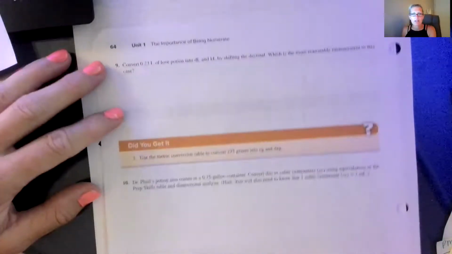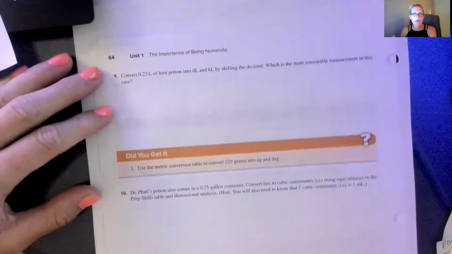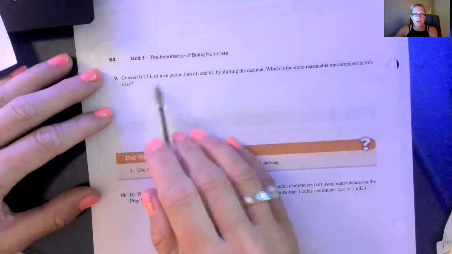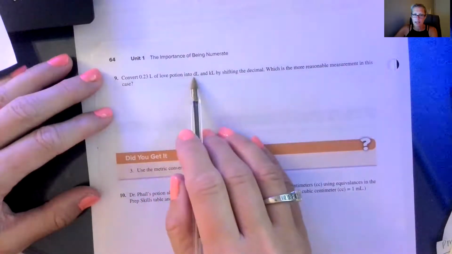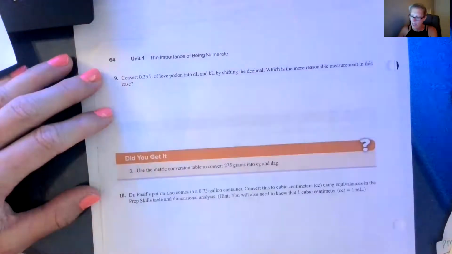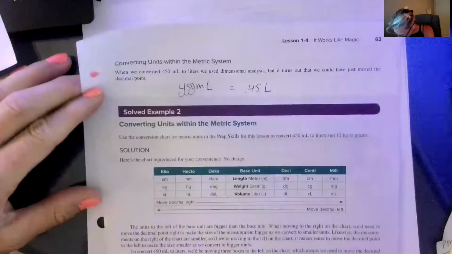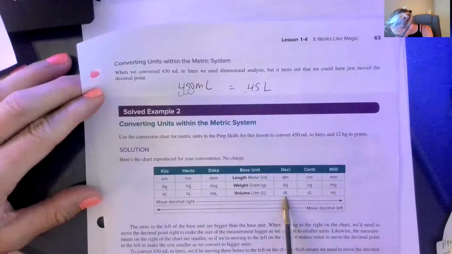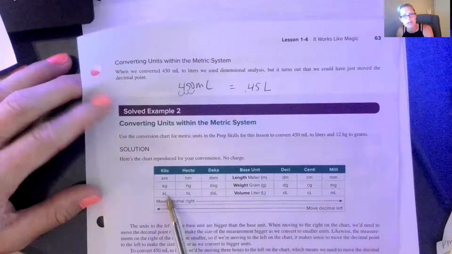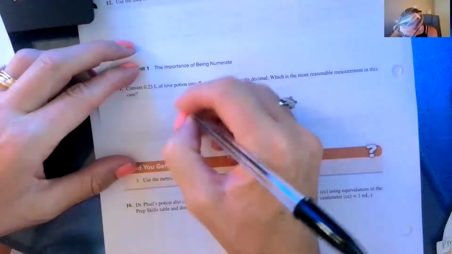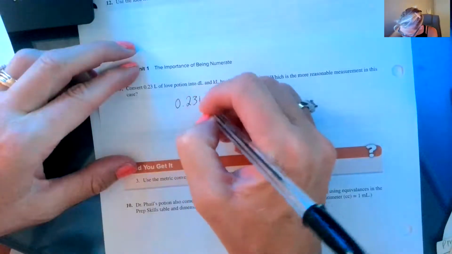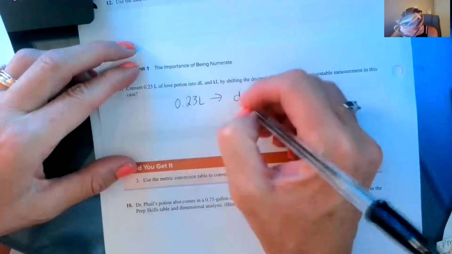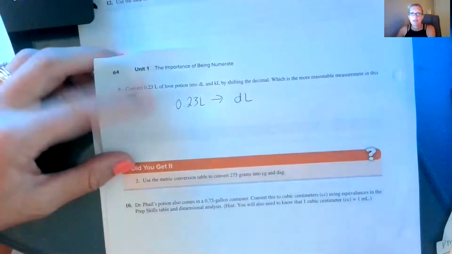Okay, let's look at number 9 on page 64. It says convert 0.23 liters of love potion into deciliters and kiloliters. So 0.23 liters into deciliters.